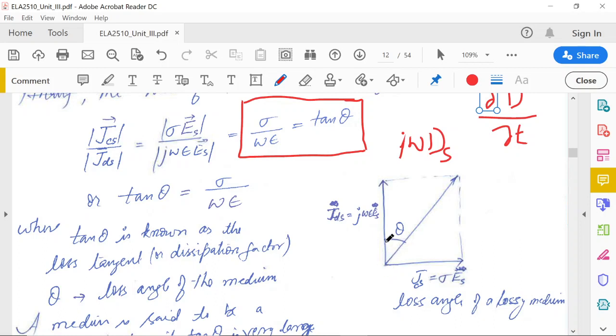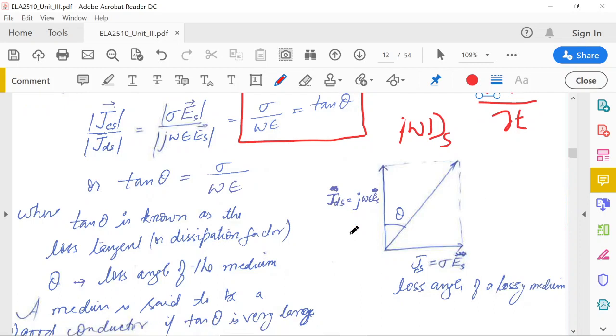So this angle becomes theta, and this ratio sigma over omega epsilon equals tan theta. Based on this, tan theta is known as the loss tangent, and it is also called the dissipation factor. Theta is the loss angle of the medium.